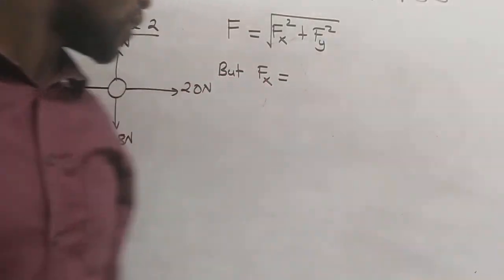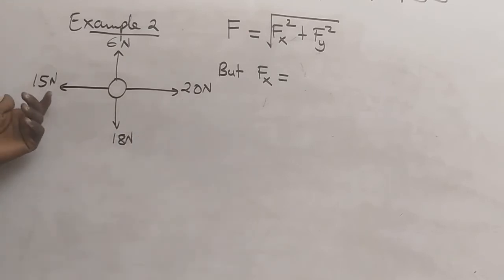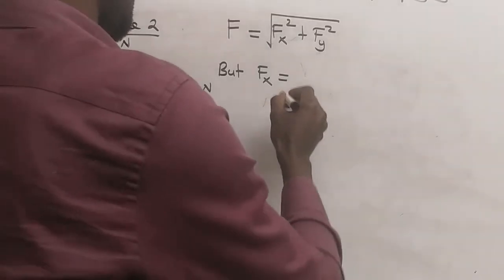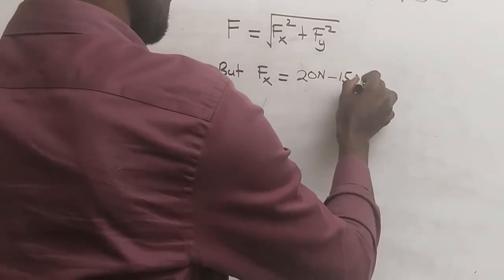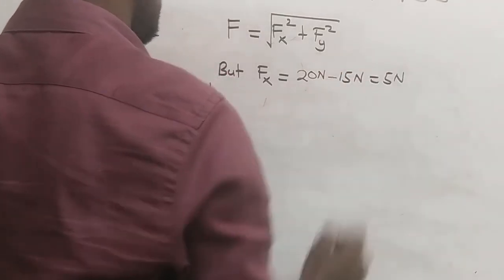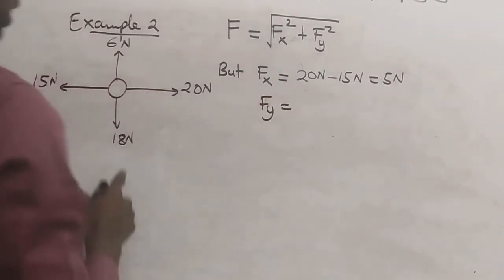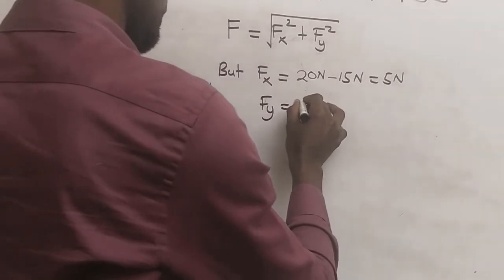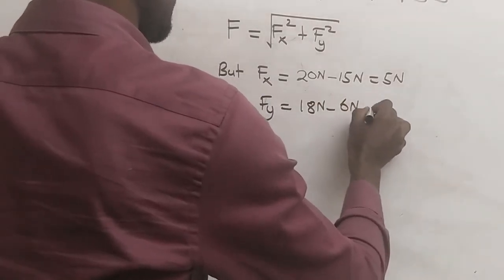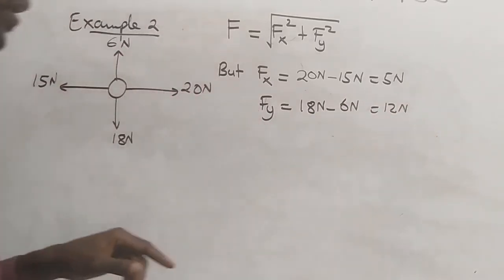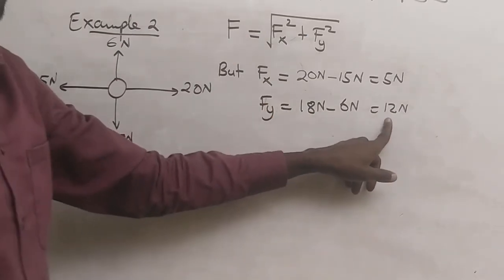In the x direction, the resultant is the bigger one minus the smaller one. So it's going to be 20 minus 15, giving us 5 newtons. And what about vertically? For Fy, the bigger one is downwards, 18, minus the smaller one, which is 6, giving us 12 newtons.